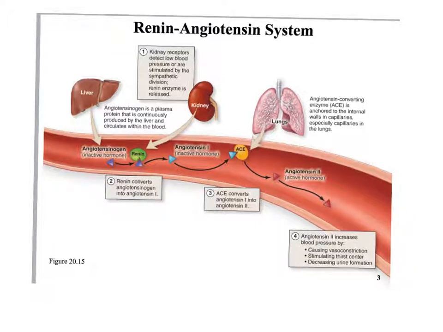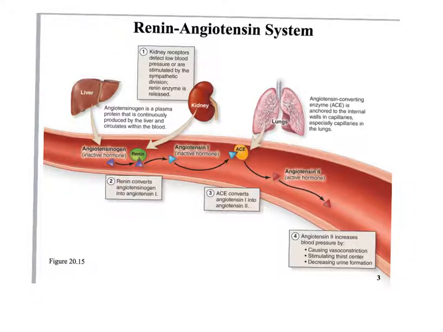Okay? Number two, stimulating your thirst center. What is that going to do? You feel thirsty. What are you going to do? Drink water. You're going to drink water, which in turn increases your blood volume. Okay? What happens to blood pressure? It goes up.